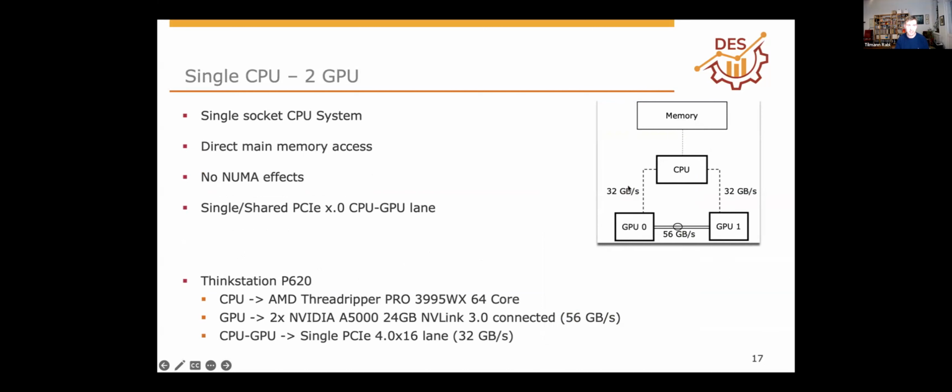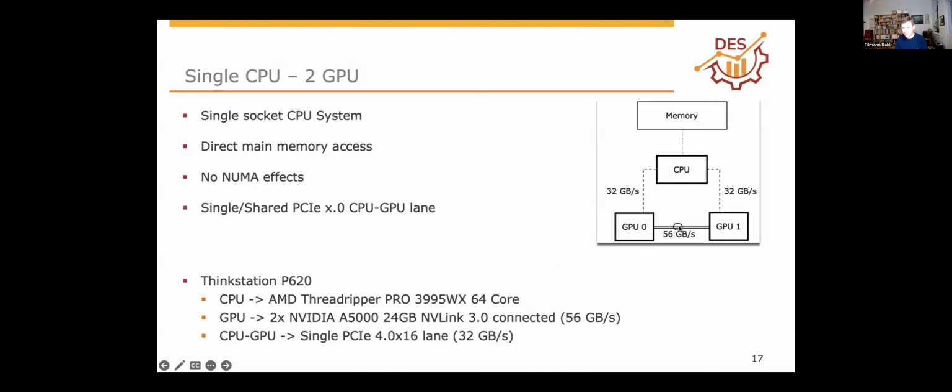And if we have PCI Express 4.0, which is something that we have, for example, in our lab, we have one AMD Threadripper, then two NVIDIA GPUs, roughly equivalent to the V100. These are connected with NVLink 3.0, but with 32 gigabytes per second to the CPU.